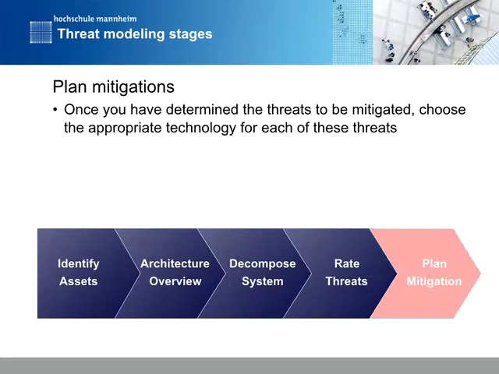And finally, of course, you need to plan mitigation. So once you have the threats, you need to identify what you do against them. So you can either deduce a security requirement and put it on your requirements list, or maybe also deduce architectural elements. So you say, okay, this is not a requirement per se, but I need to design my architecture differently than I originally thought to address this threat, so that it cannot happen.